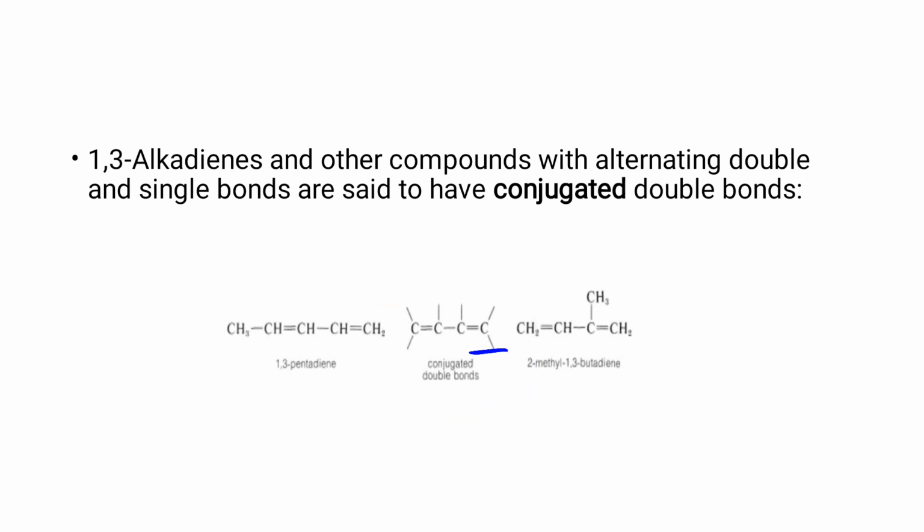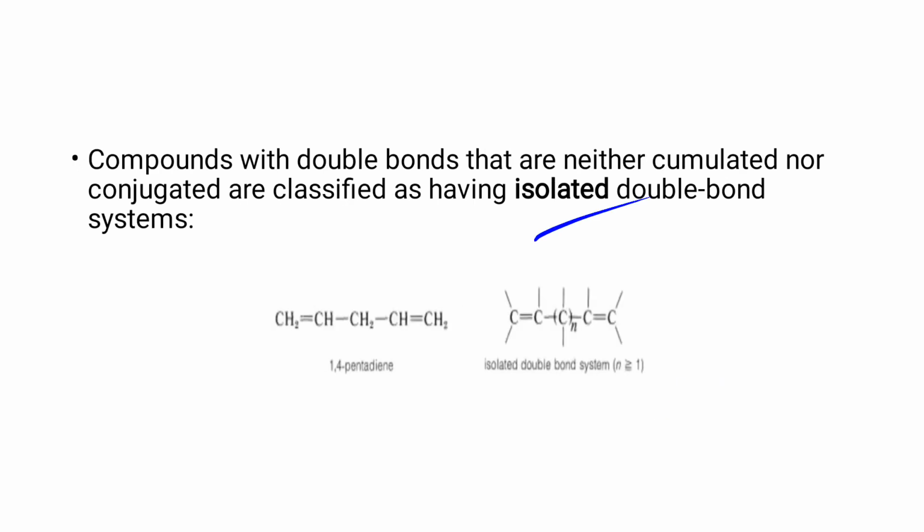Another example: 2-methyl-1,3-butadiene. And third, isolated alkadiene. These are examples. The double bonds are separated by two or more single bonds.